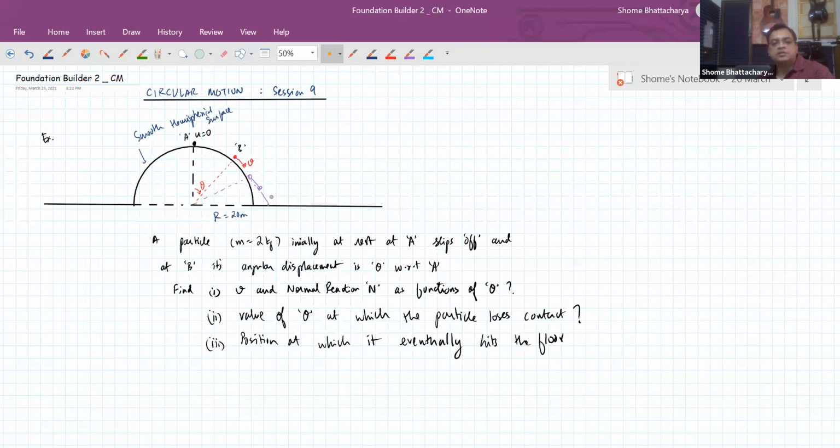So it hits the floor at some point P like this. So let's say at some point D like this, it loses contact in the diagram. And then it goes into a projectile motion and hits the floor at some point P like this. So you have to find the position of that point P.